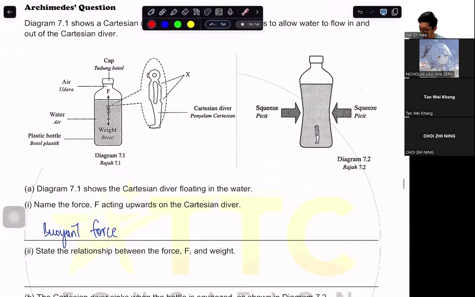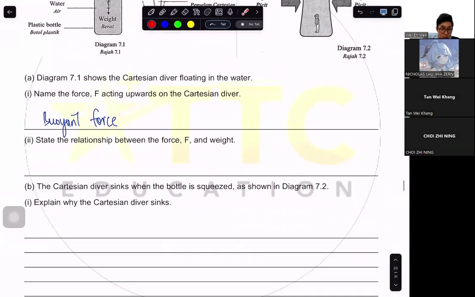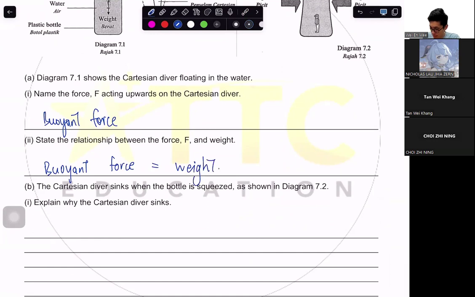Right now, when the Cartesian diver is floating, it is not moving up, it is not moving down, which means that these two must be the same. The up and down must be the same. So we say buoyant force equals weight.